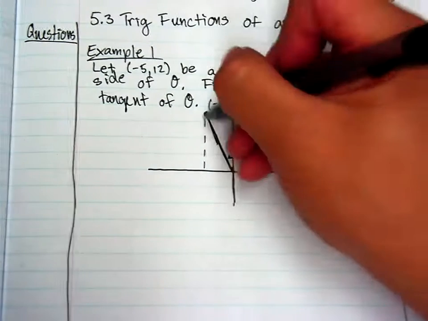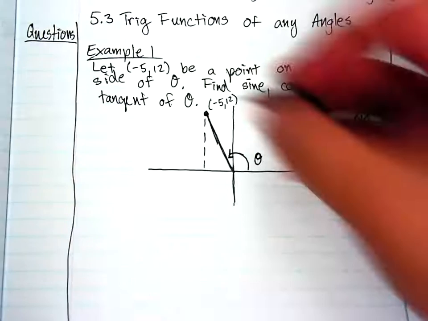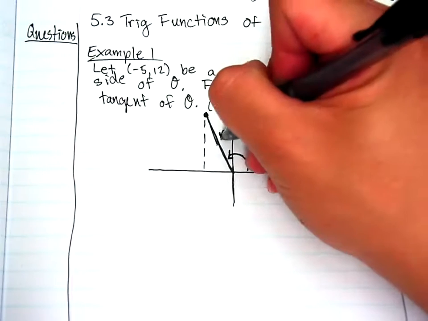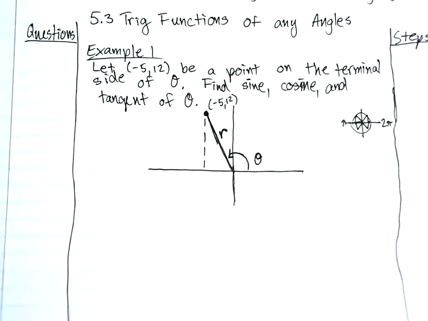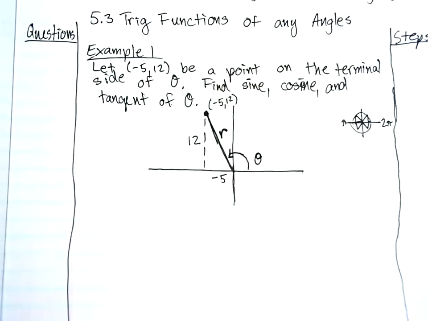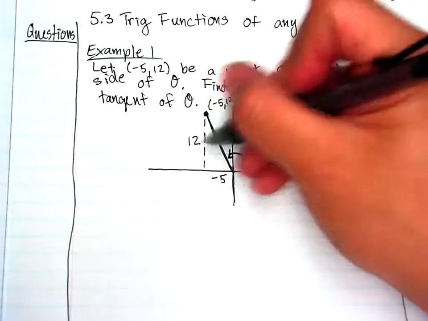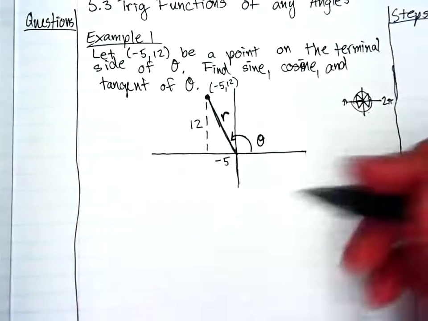Okay, so we have to have a triangle that lines up here, and this right here will be our r value. In other words, kind of think of it as the radius. So I know that this one is going to be 12, and I know that this is -5. So I already have these values, and I need to figure out r.